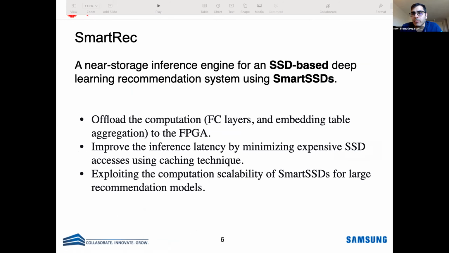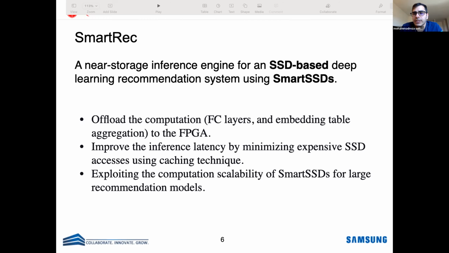Now, let's talk about SmartRec, which tries to explore this smart SSD for accelerating large scale AI-based recommendation systems. There are three aspects that I want to talk about in this talk. First, we want to offload the computations of these recommendations to the FPGA in the smart SSD. Second, this is not enough. By offloading computation, we need to deal with the high latency cost of SSD accesses.